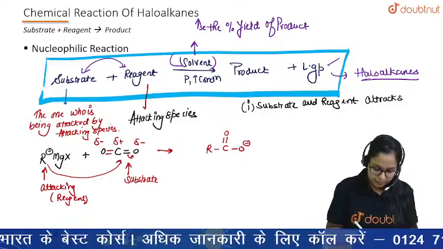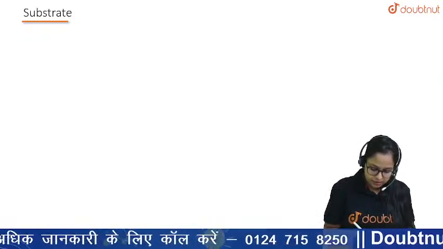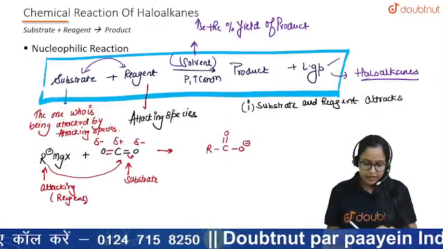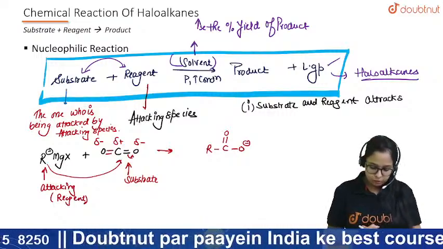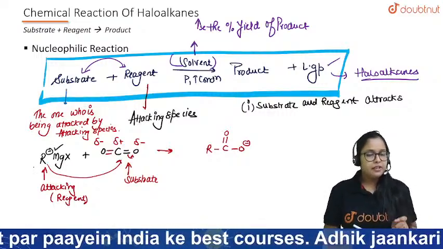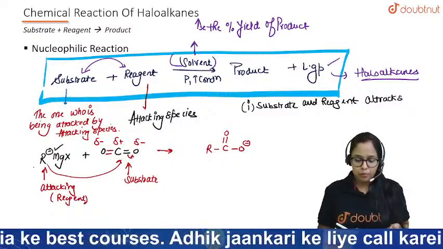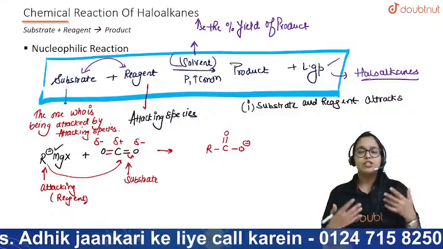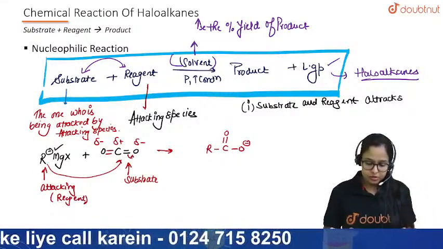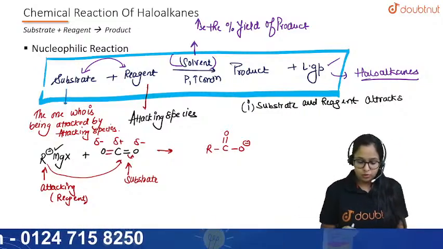I'll give you one example. The simple example is RMgX reacting with CO2. R is negatively charged, carbon is delta positive. Opposite charges attract towards each other.